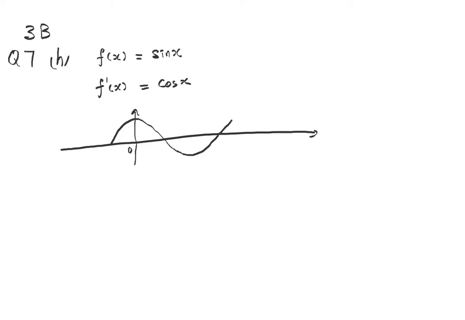So this is your pi by 2, and here is your 3 pi by 2, and here is your negative pi by 2. So you see this is y equal to cos x.